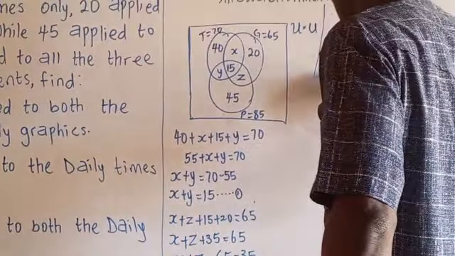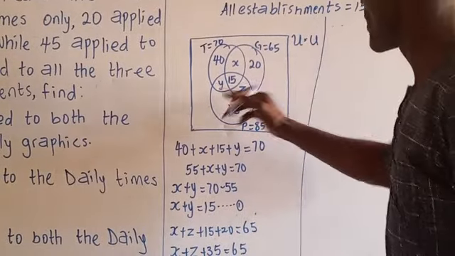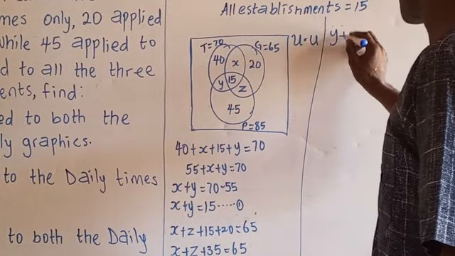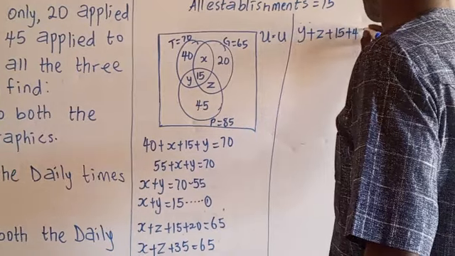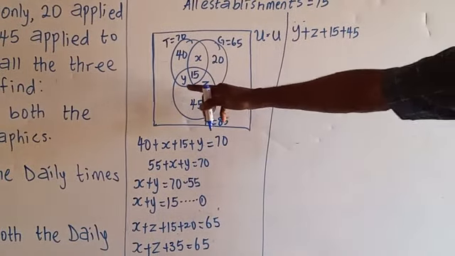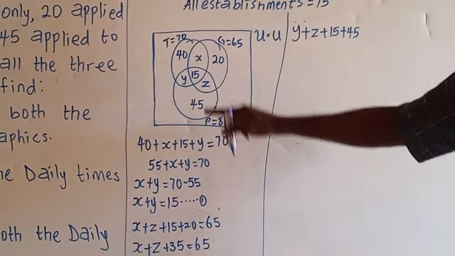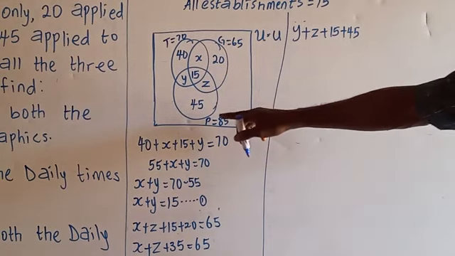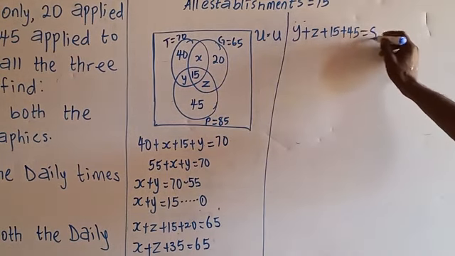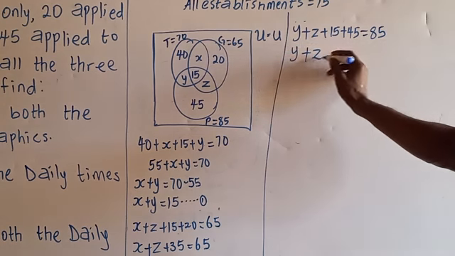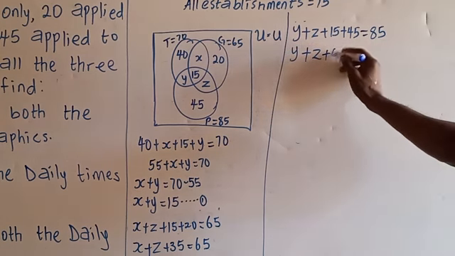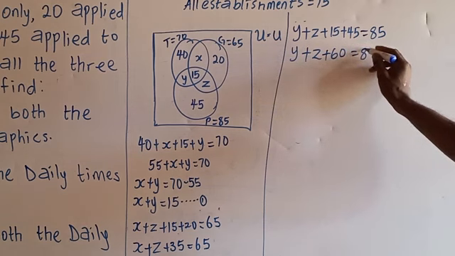Then for the last part, let's manage our board. We can say y plus z plus 15 plus 45 equals 85. 15 plus 45 is 60, so y plus z plus 60 equals 85.